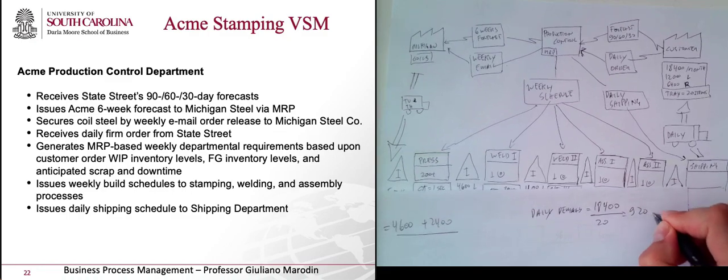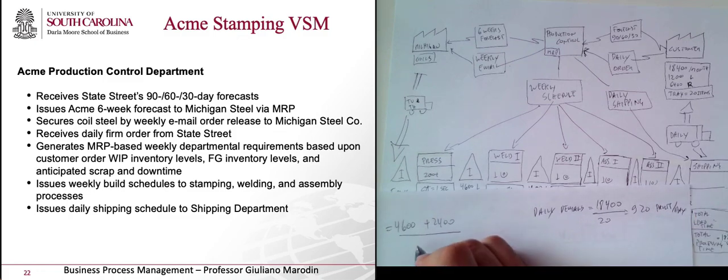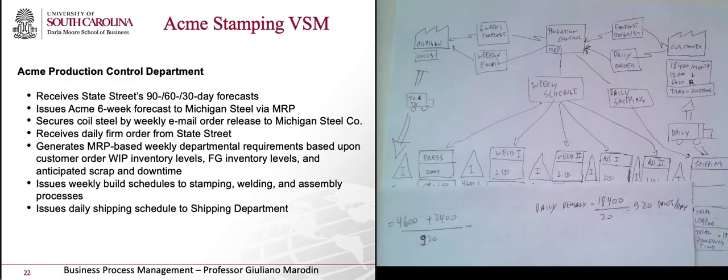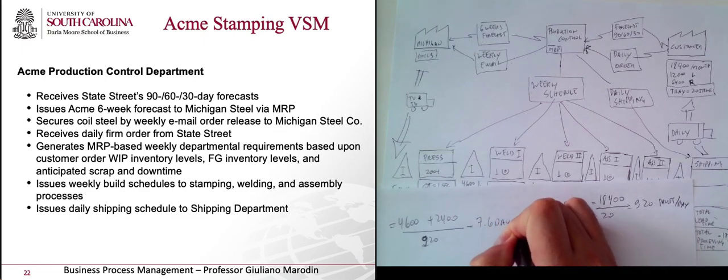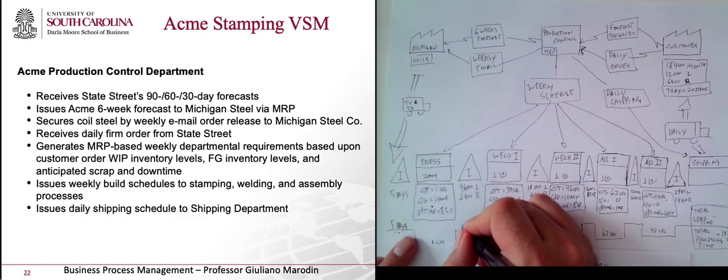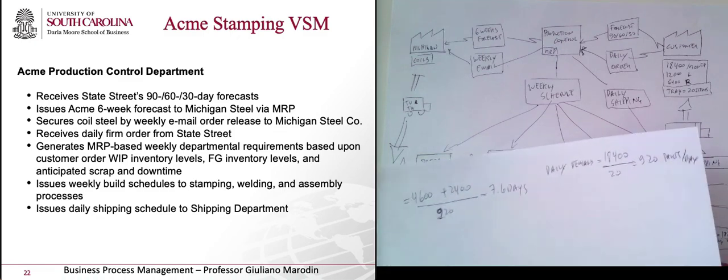That's 920 parts per day, right? So we're going to use the 920 here, and we're going to get to 7.6 days. And that's what we're going to put here, 7.6 days, okay?